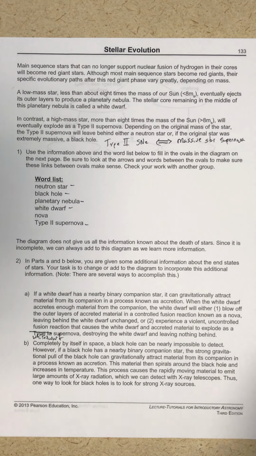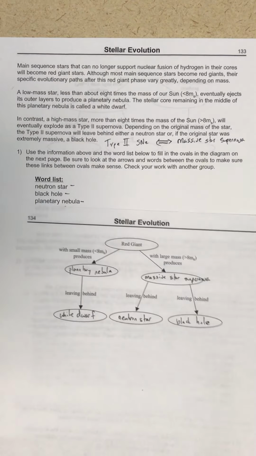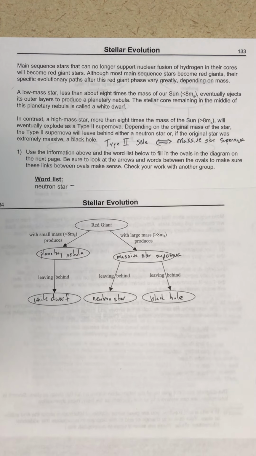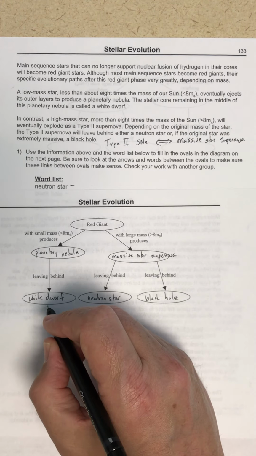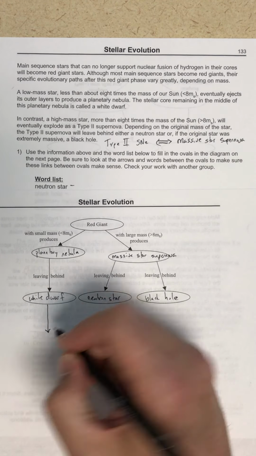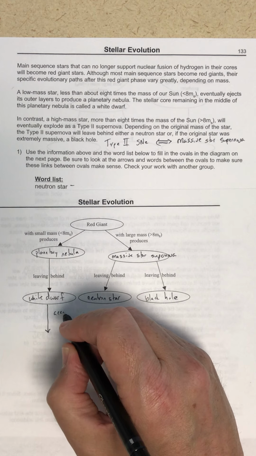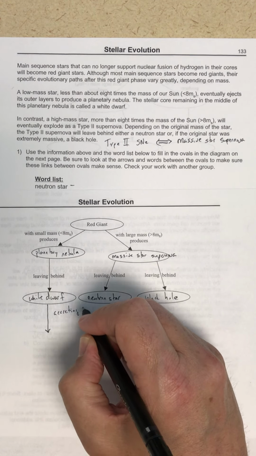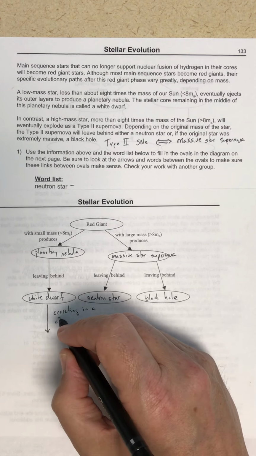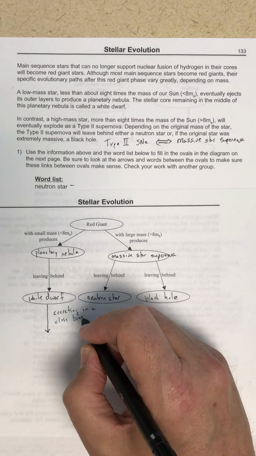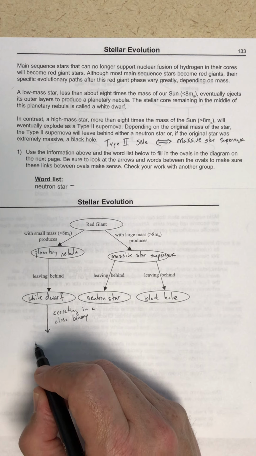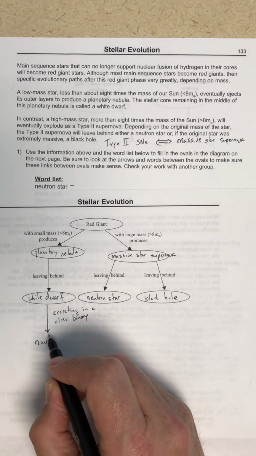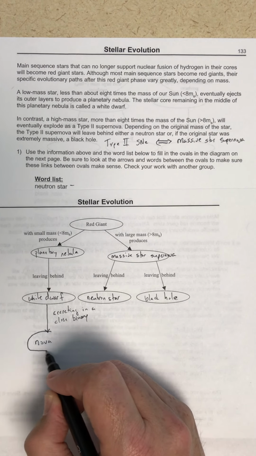Alright, so if I have a white dwarf, we can fill in a little bit more of its stellar evolution. If that white dwarf is accreting in a close binary, that could build up enough material for the white dwarf to have a nova.